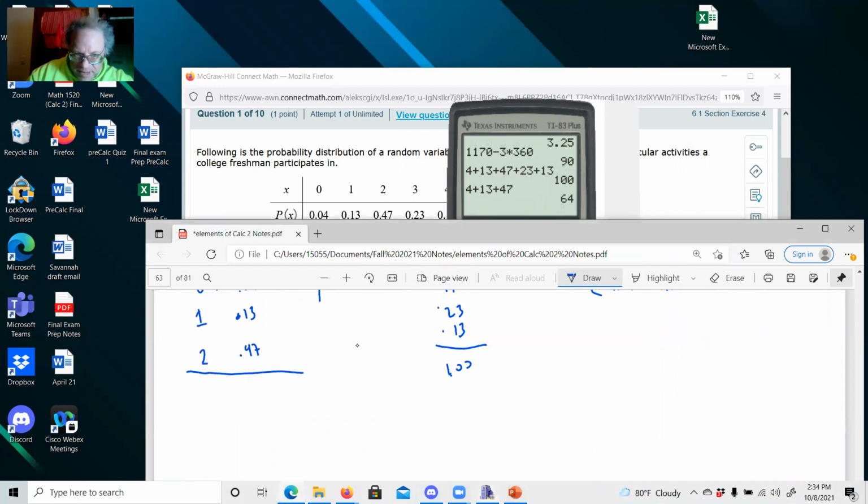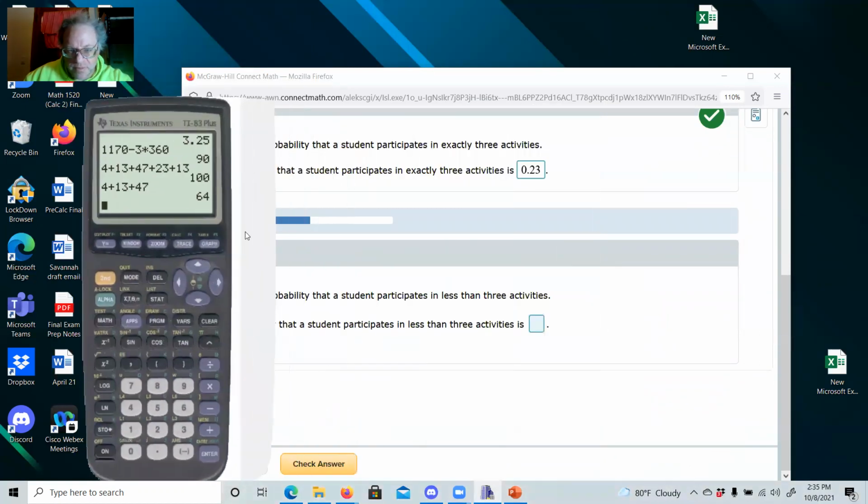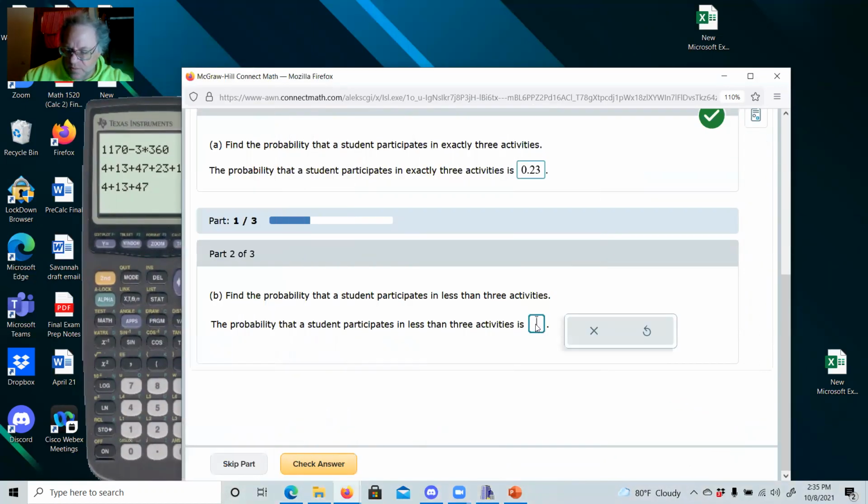Okay, so we're talking about the pennies here. So we have $0.64, right? So we have 64 pennies, or we have $0.64. Okay, so we want the dollars. We want 0.64. All right, so the probability of the thing we want here is 0.64. We just add those up.